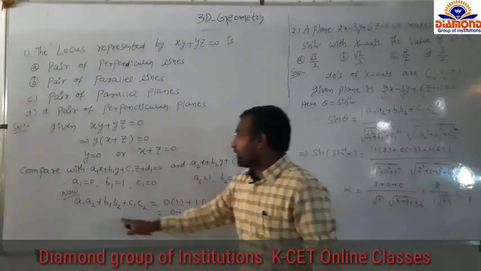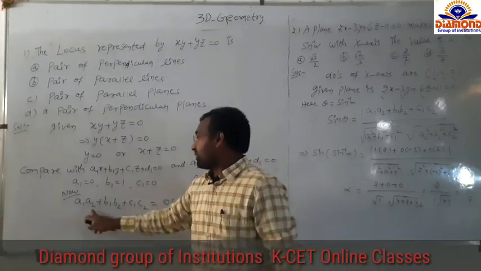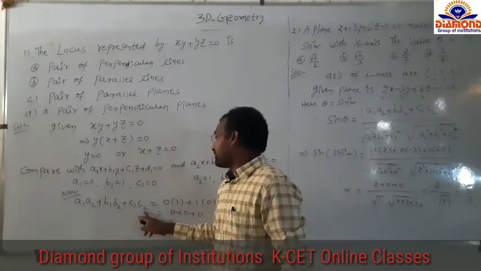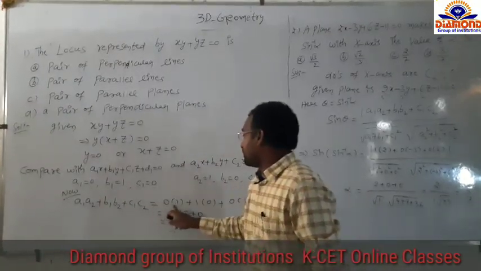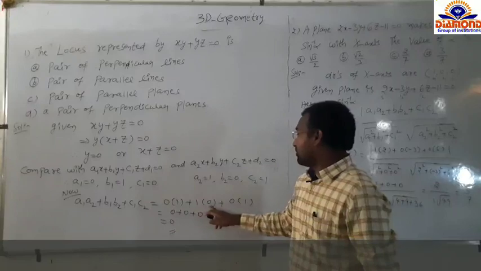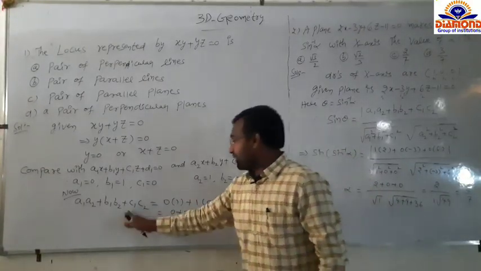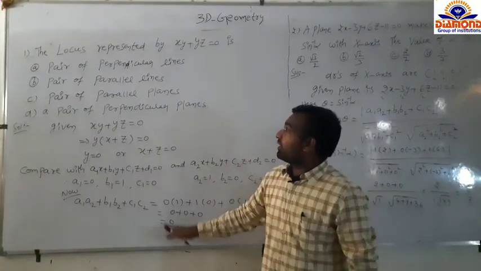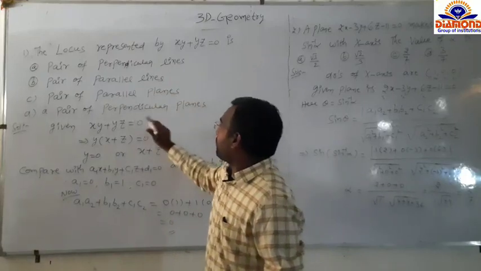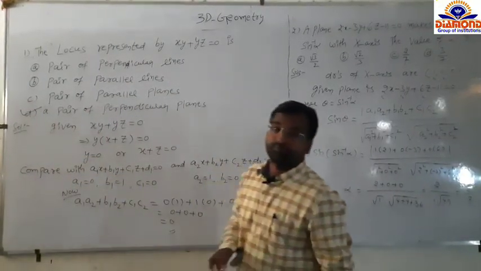Now check the perpendicular condition: a1 a2 plus b1 b2 plus c1 c2 equal to 0 into 1 plus 1 into 0 plus 0 into 1, you get 0 only. So the perpendicular condition is satisfied. That's why the given locus is a pair of perpendicular planes, option D.